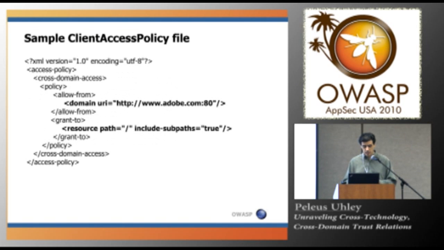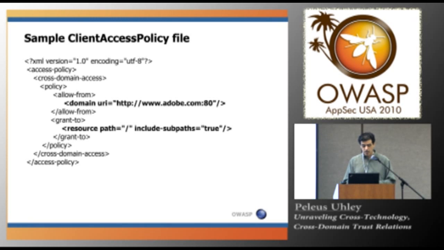So this would be an example of a client access policy file where you can see you have the allow-from domains. That's which domains you allow to make the cross-domain request, and then they have a second XML section for what you're granting to that particular domain.